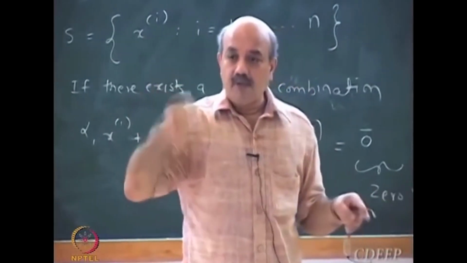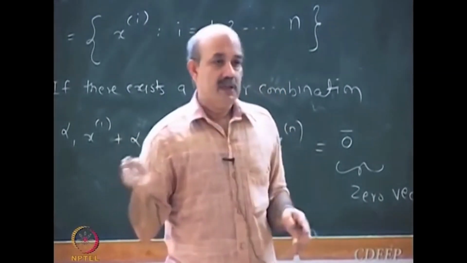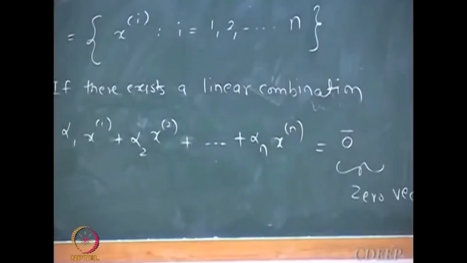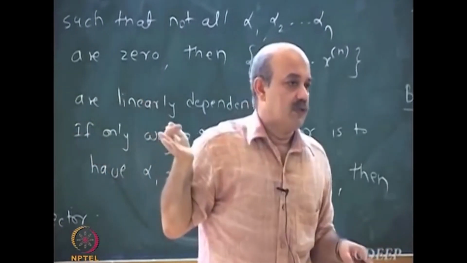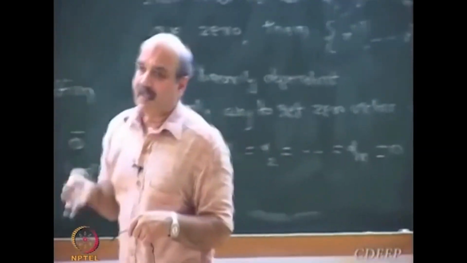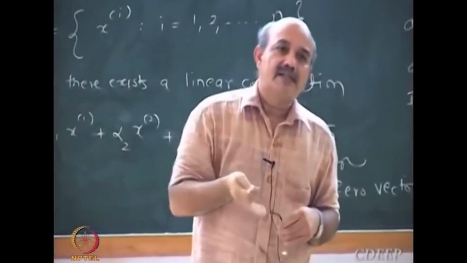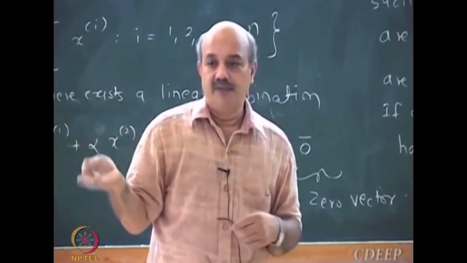Why? Because you cannot find a non-zero linear combination of those vectors that equals 0. So the dimension of the space generated by sine pi x, sine 2 pi x, sine 3 pi x, sine 4 pi x is infinite.